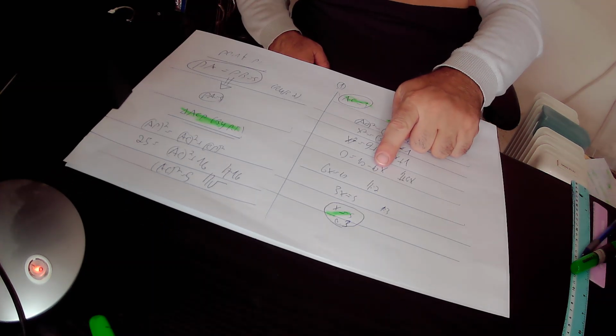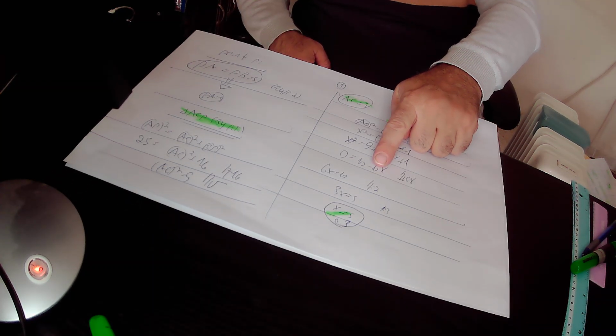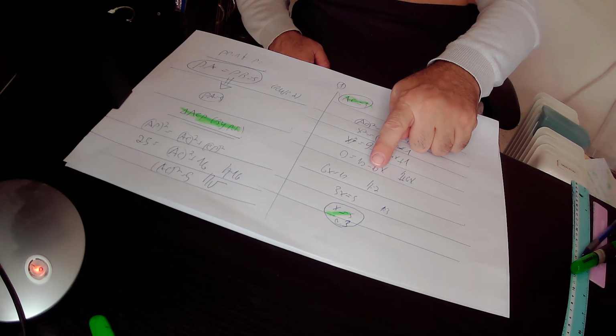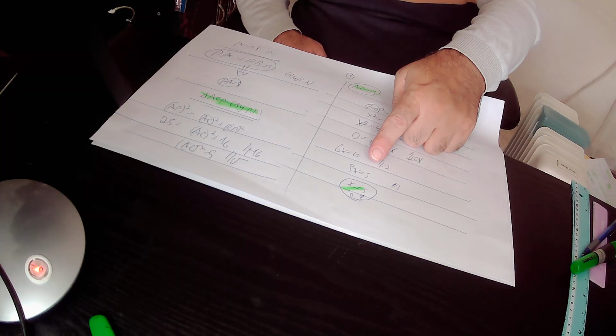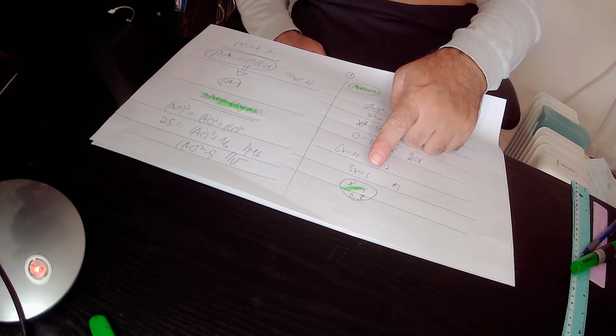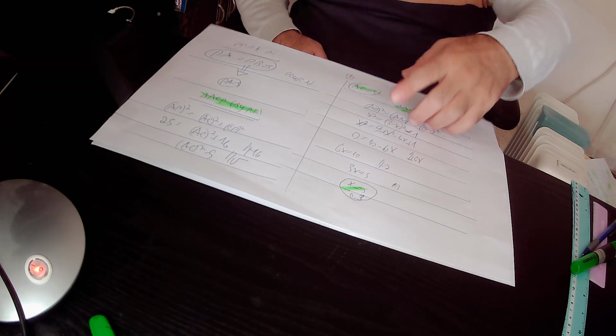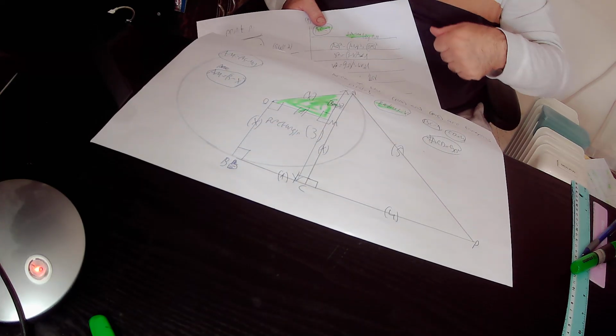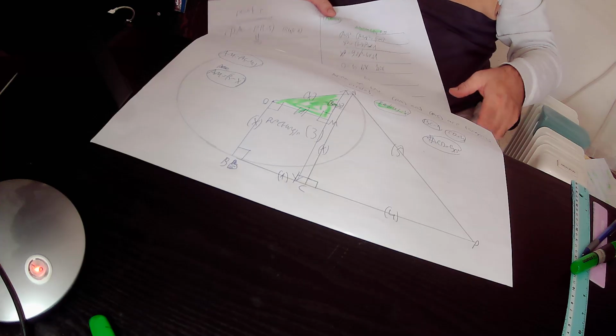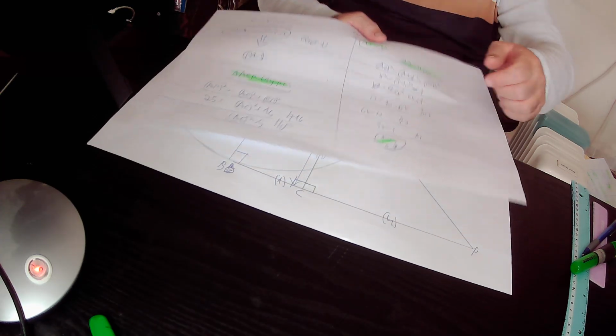Here we divide this equation by 2 and find out that 6x over 2 is 3x, and 10 over 2 is 5, so 3x equals 5. Here we divide this equation by 3 and find out that x, that is the radius of the circle, equals 5 thirds. The radius of this circle, x, equals 5 thirds.